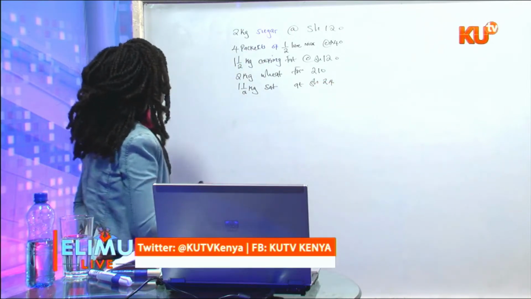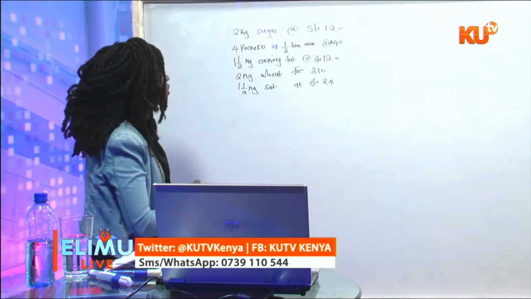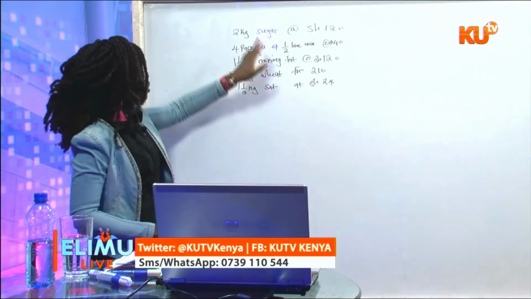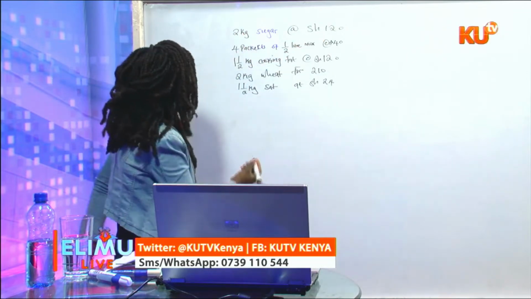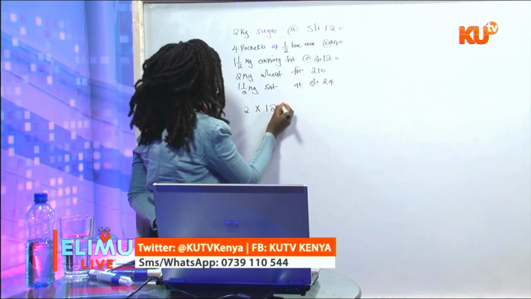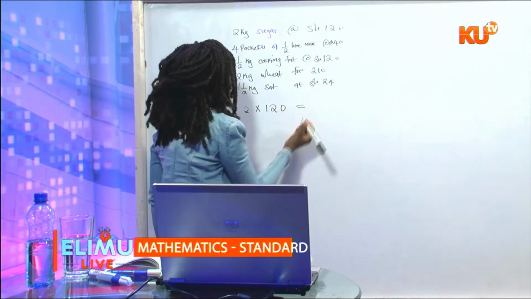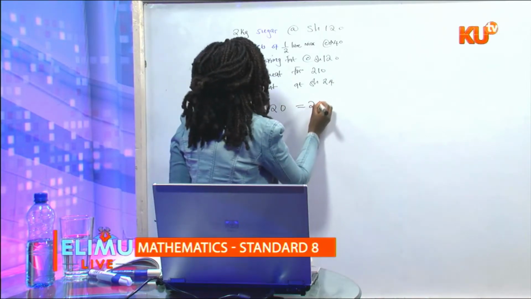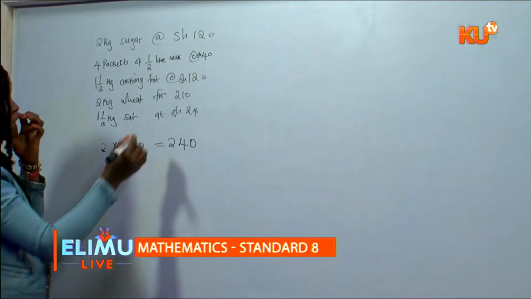So we are preparing the bill. 2 kgs of sugar at 120 shillings. So it is the number of kgs bought times the cost of 1 kg. That is 2 times 120, we get 240 shillings. Then 4 packets of a half liter milk at 40 shillings per packet.